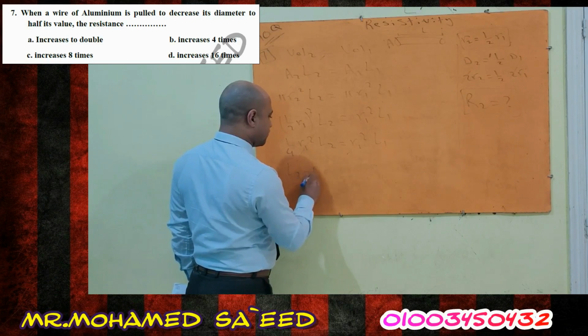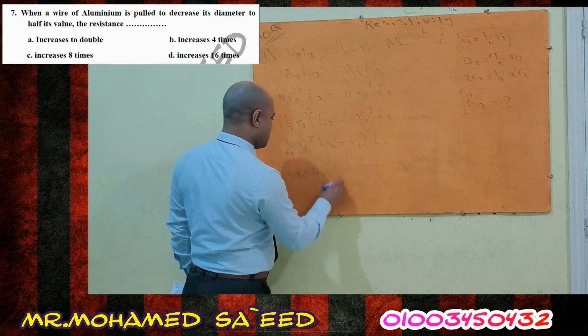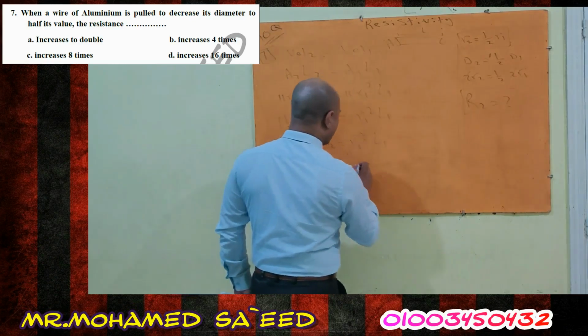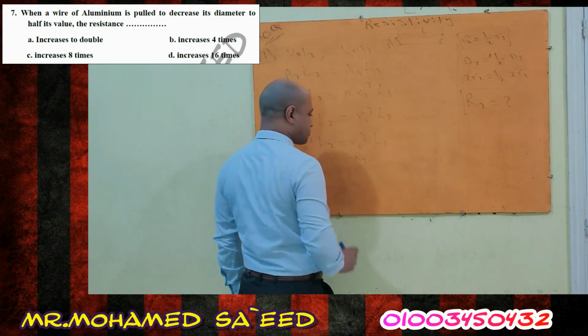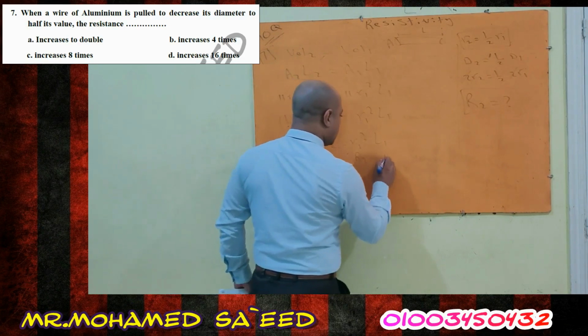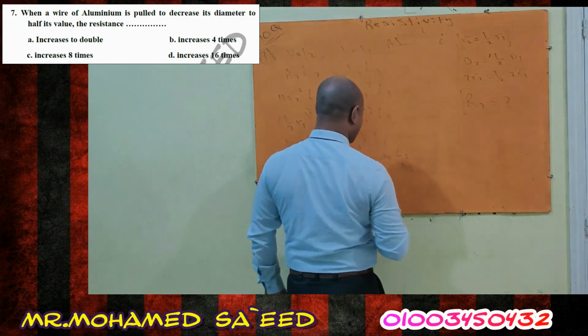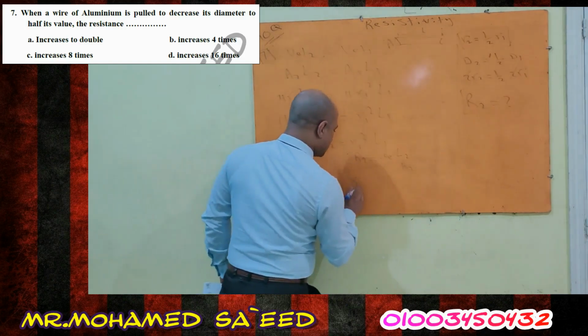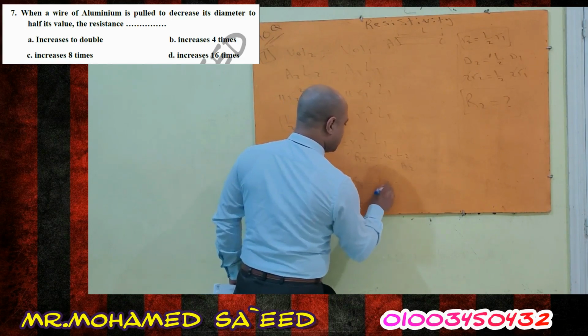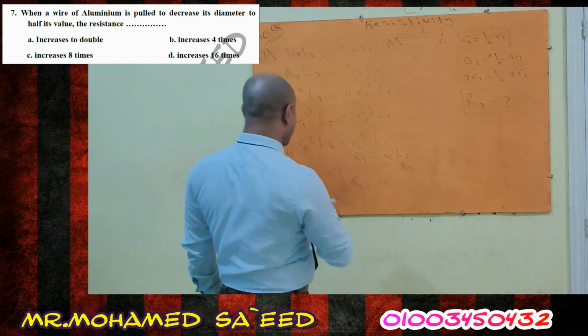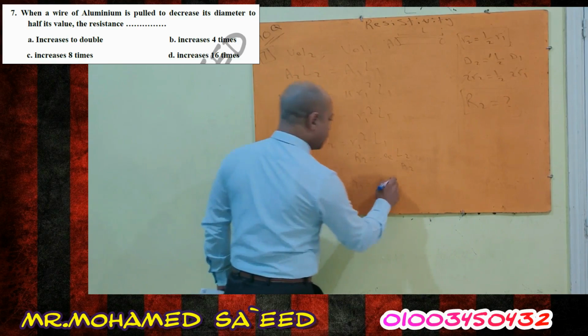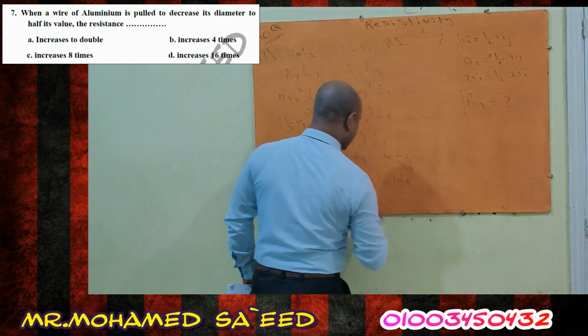L2 equals 4 L1. Okay, now R2 equals what? R2 equals ρ L2 over A2. So R2 equals ρ, L2 equals 4 L1, 4 L1 over A2.